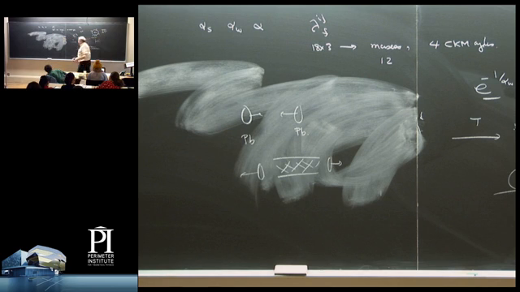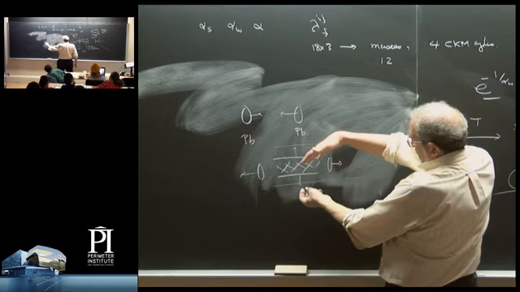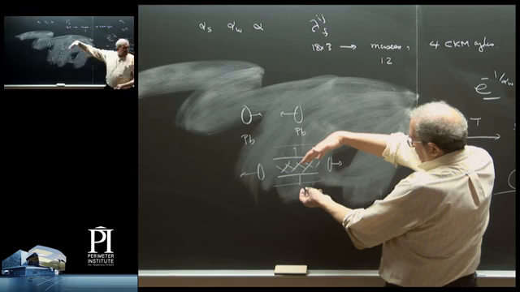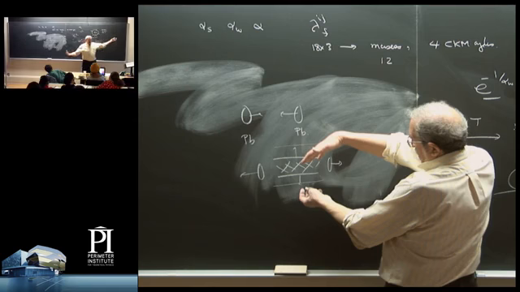And then that region expands outward. And eventually, as it expands, it cools. And when it cools to 100 MeV, then it all turns into pions. And you get these dramatic events where thousands of pions come out.